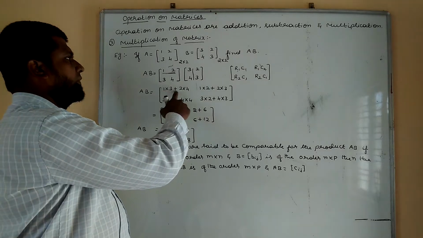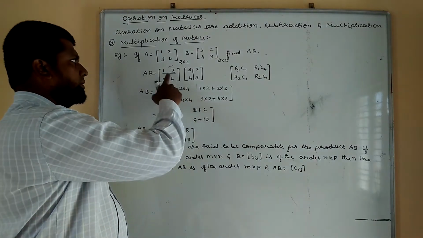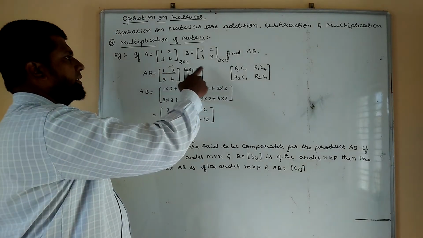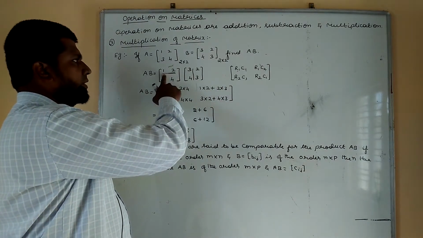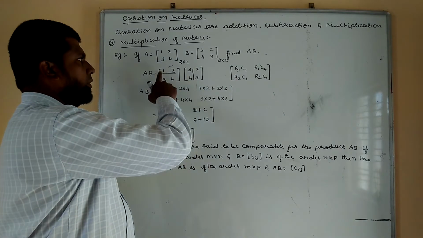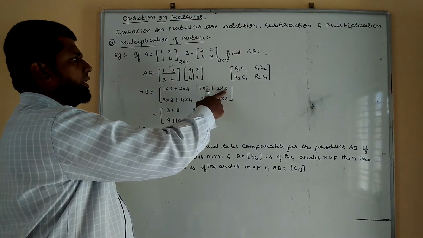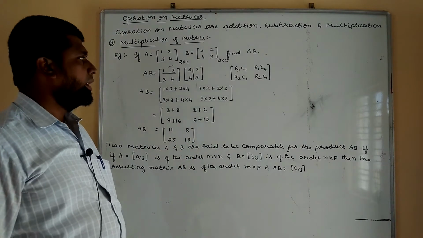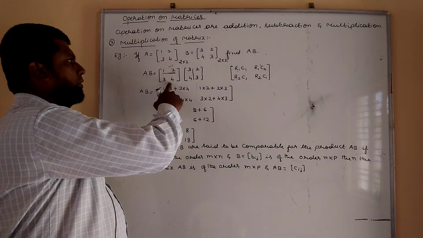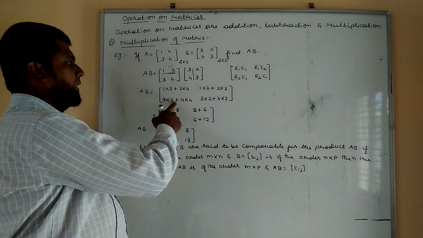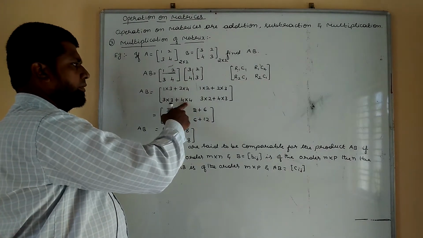So we have completed the first row and the first column. Let us go for the second: first row and second column. 1 into 2 plus 2 into 3. Then second row, first column: 3 into 3 plus 4 into 4.